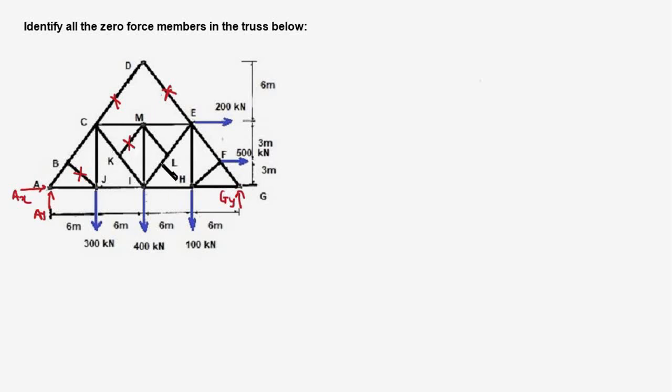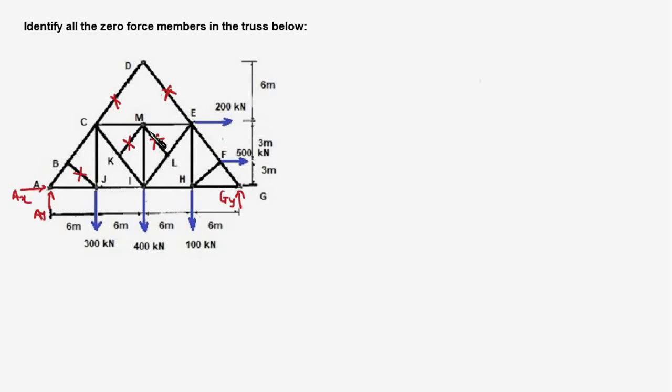And with similar argument, we can say that member ML is a zero force member, because LE and LI are collinear members, and ML is the third member, and no external force on joint L. Therefore ML is a zero force member.